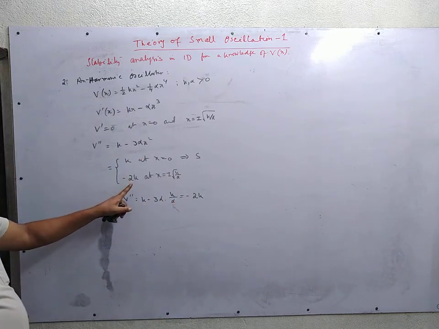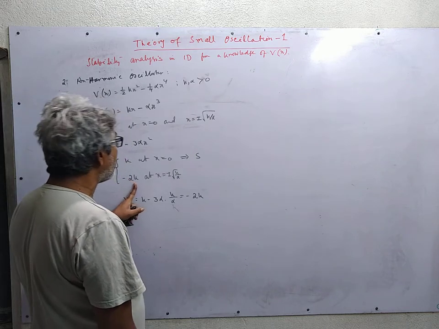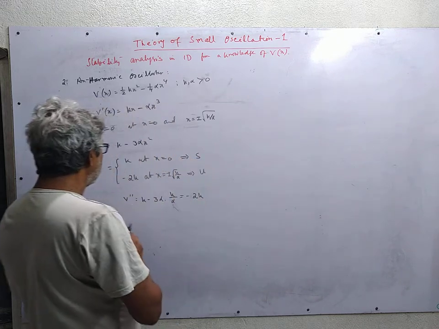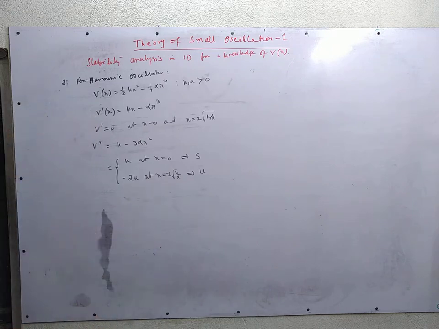Since it is negative, it corresponds to a maximum of potential, and so it corresponds to an unstable equilibrium position.